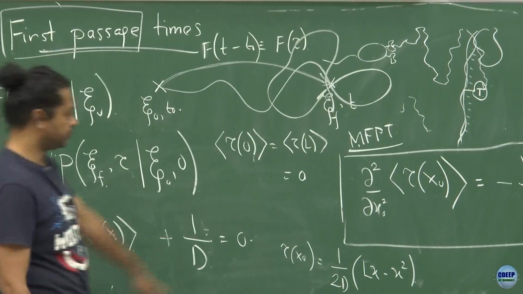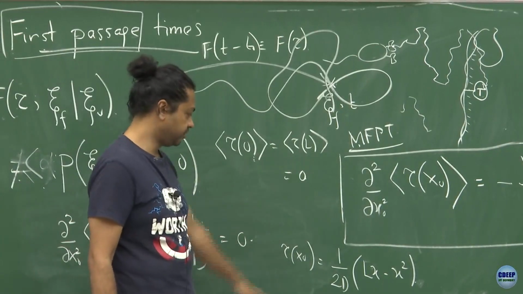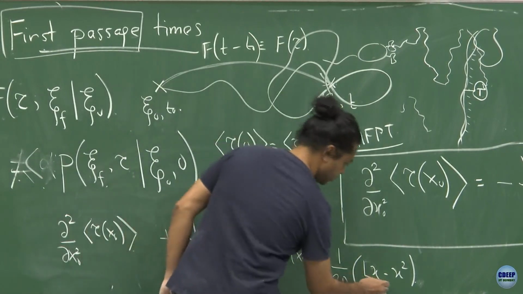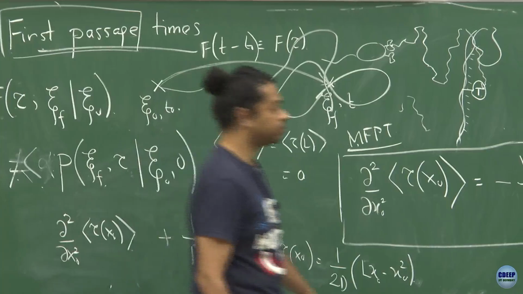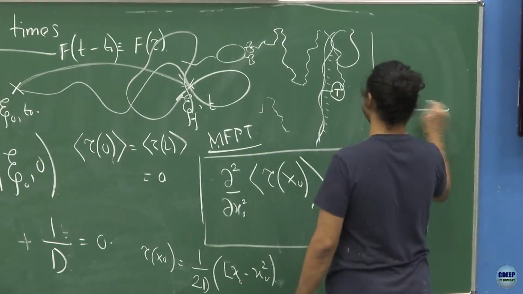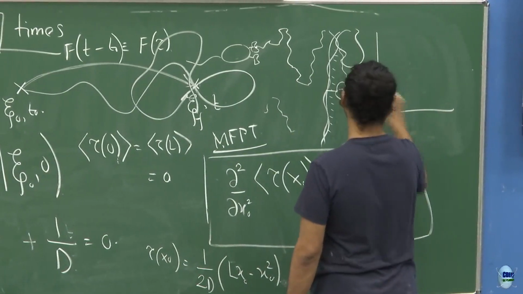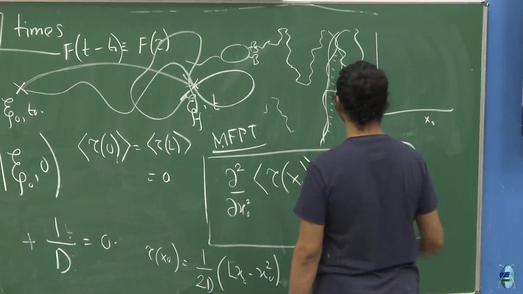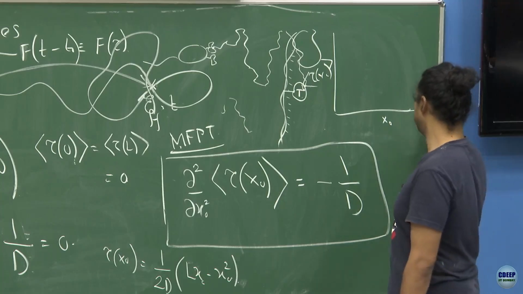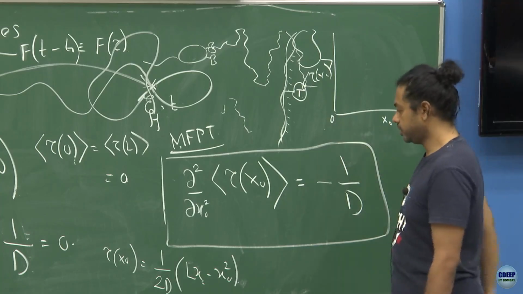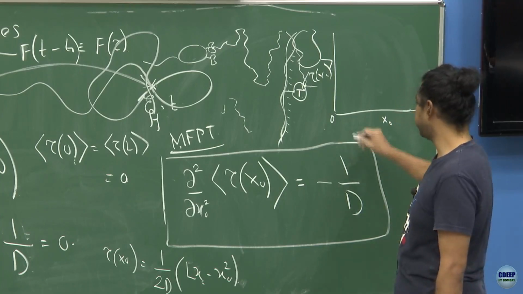Okay, so if you solve this equation subject to these boundary conditions, your tau of x naught would be Lx naught minus x naught square, which means that if you are plotting this mean time tau of x naught as a function of your x naught, your starting position, of course from 0 to L, your maximum time is when x naught is L by 2.